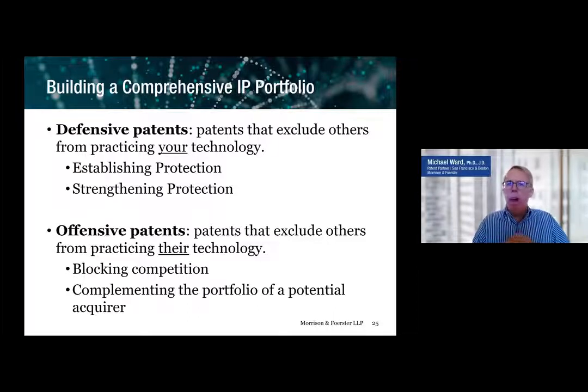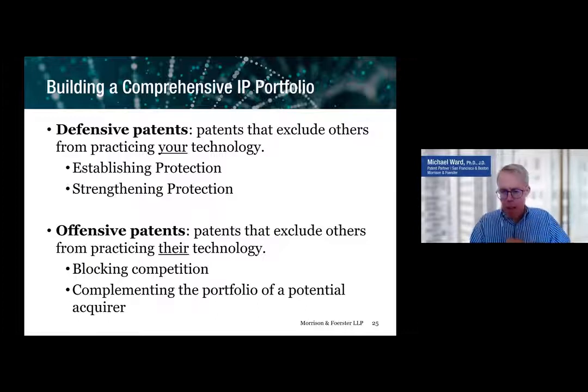Then what are offensive patents? Well, offensive patents are patents that exclude others from practicing their technology, okay? So you can see how these Venn diagrams are starting to overlap, okay? When we talk about monitoring the competition, we need to understand what the competition is doing so that we can start to write patent applications that cover their technology. Why?